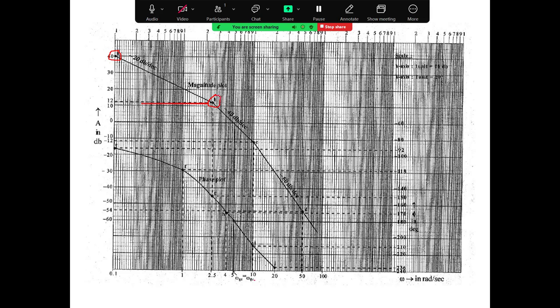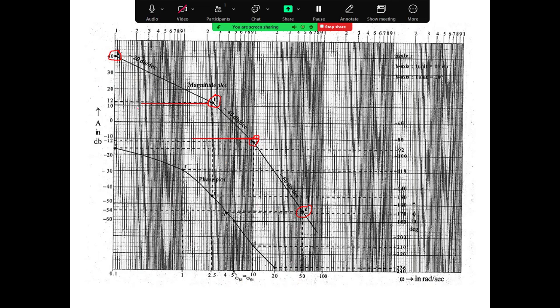And then next, at 10 frequency, how much you are getting? Minus 12 decibels. And then last finally at 50, how much you are getting? Minus 54 decibels, right? So these are the values you can obtain and connect all the dotted lines with the help of scale. So from 0.1 to 2.5, 2.5 to 10, 10 to 50.